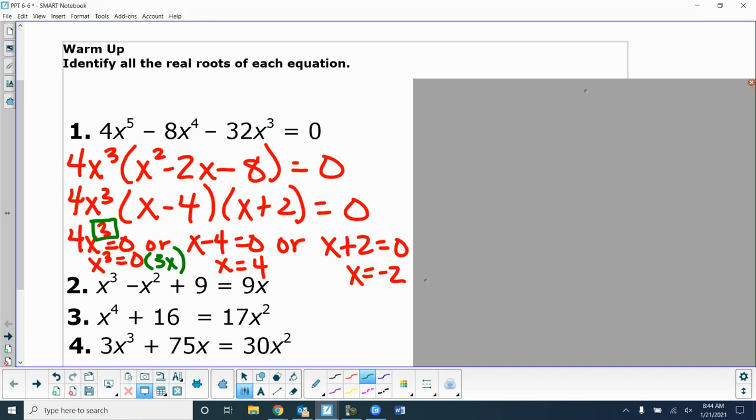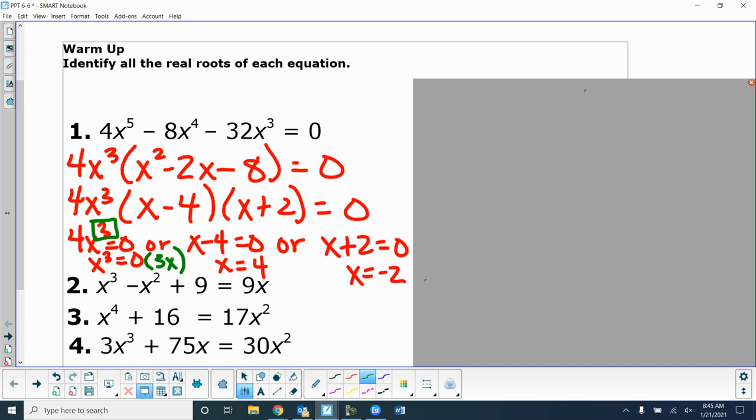So when you watch the graph, if it goes straight through it, and usually it goes pretty fast, it only works one time. There's no multiplicity. If it bounces off, either going up and hits it and goes back down, or coming down, hits it, goes back up, it works at least how many times?